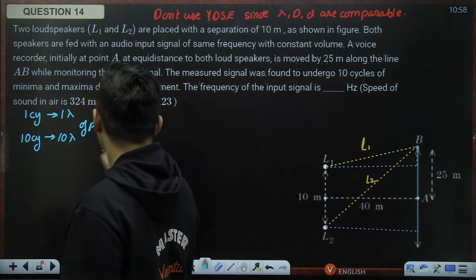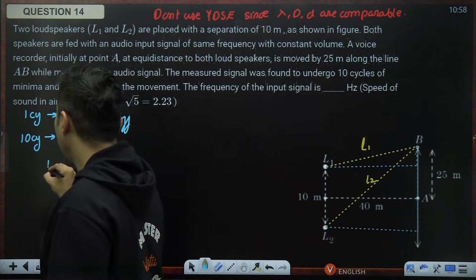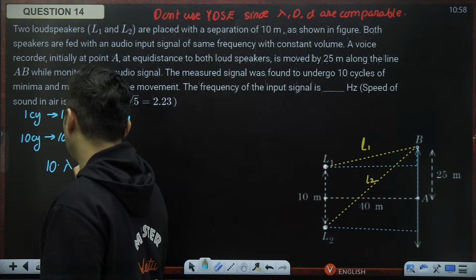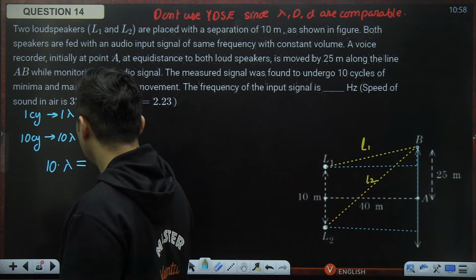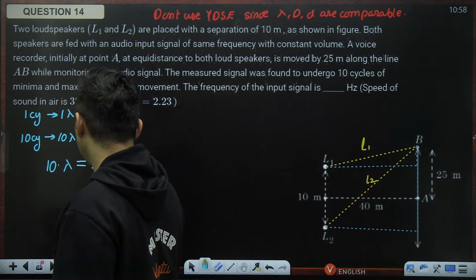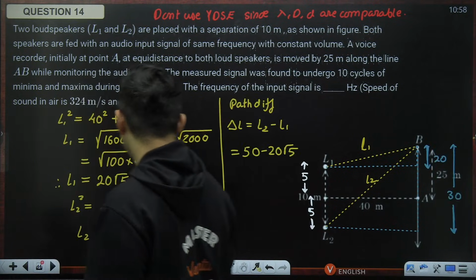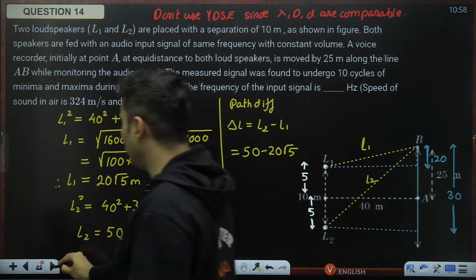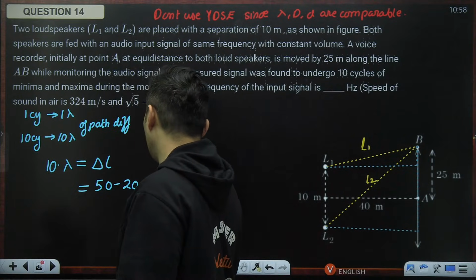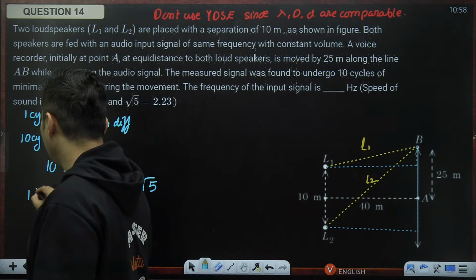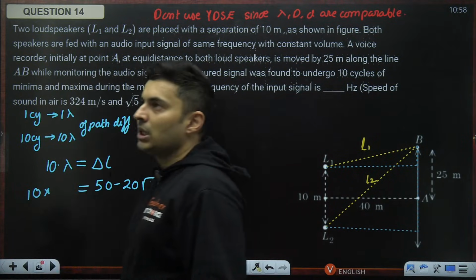So I can definitely say that 10 times lambda will be the path difference, which is delta L, and that delta L, we got it over here, 50 minus 20 root of 5. What is the wavelength formula, guys?